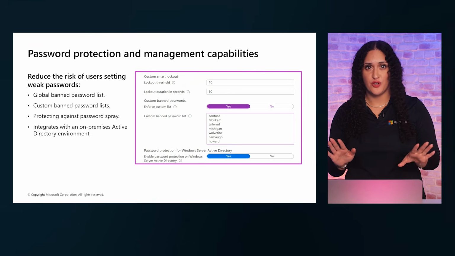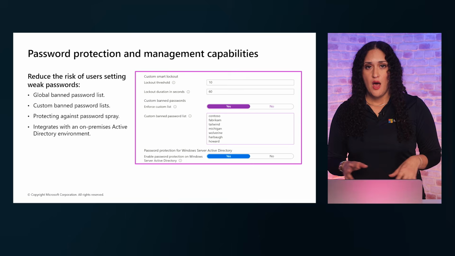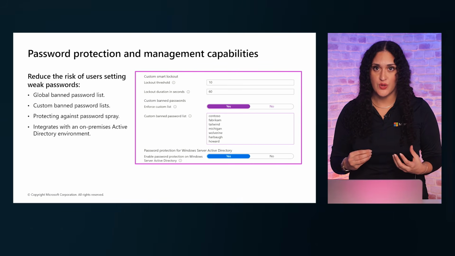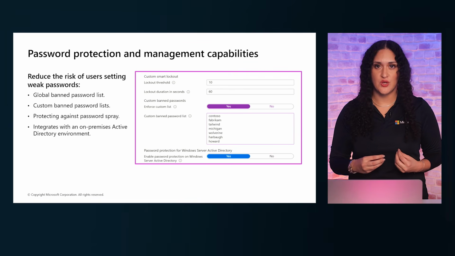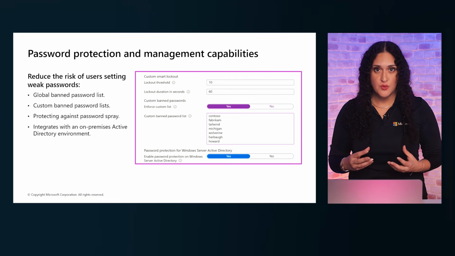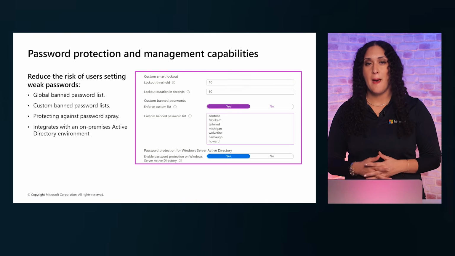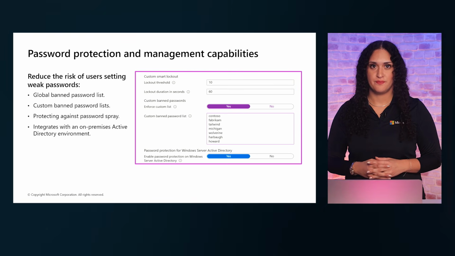Passwordless does not mean we forget the password completely, though. Microsoft Entra ID also focuses on strengthening the password itself through password protection and management. Password protection helps prevent users from choosing weak or easily guessed passwords by automatically blocking them.